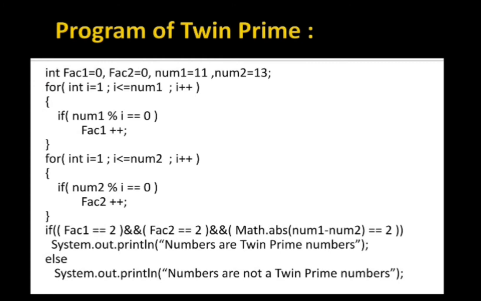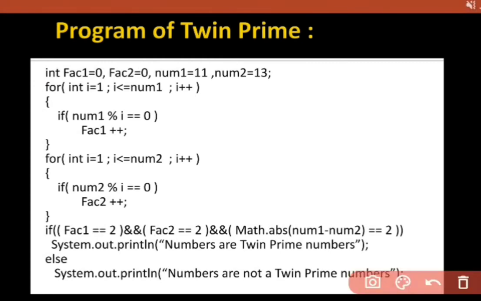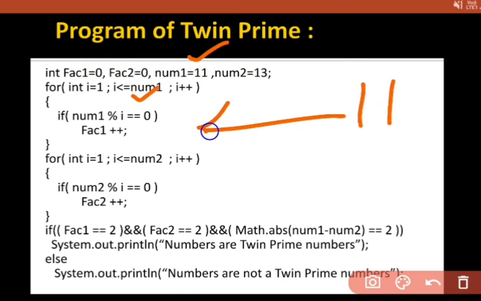See, num1 I have taken is 11, and num2 I have taken is 13. I want to find the factors of num1 and num2. That's why presently the factors are 0. Now I want to find the factors of 11 first of all. The factors of 11 will be the numbers smaller than 11, including 11 itself.